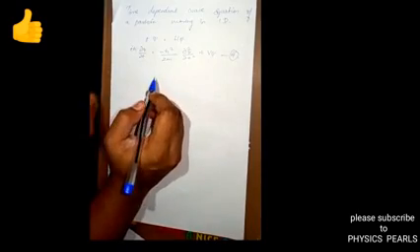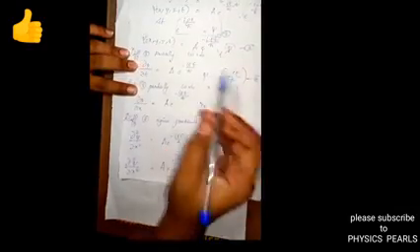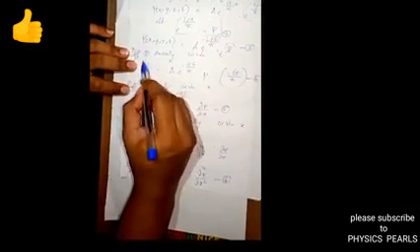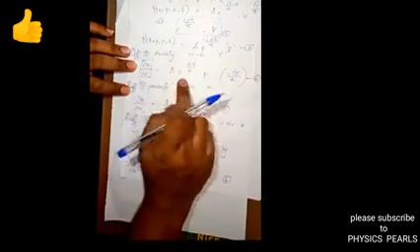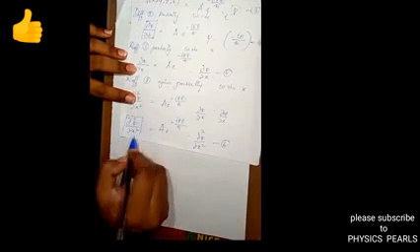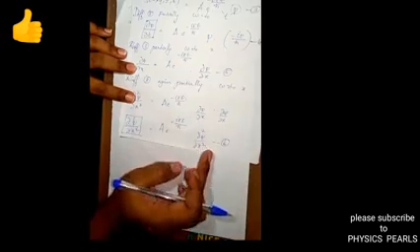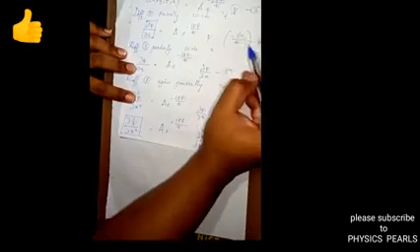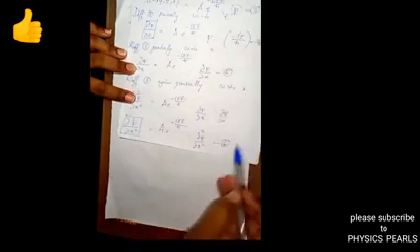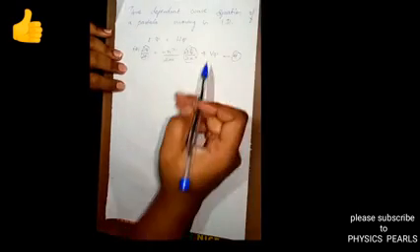And now what we find here is dou psi by dou t and dou square psi by dou x square. If we look at equation 4, we have the RHS of dou psi by dou t. And if we look at equation number 6, we find dou square psi by dou x square. So now we are going to substitute equations 4 and 5 in equation number 7.